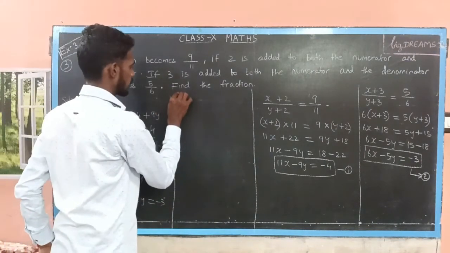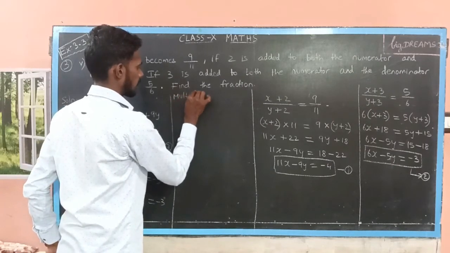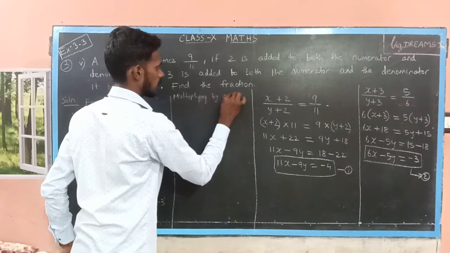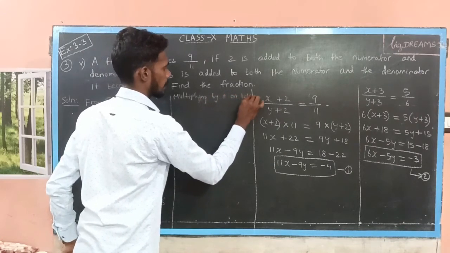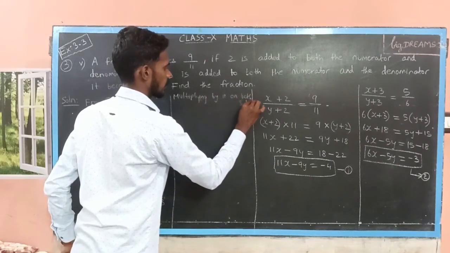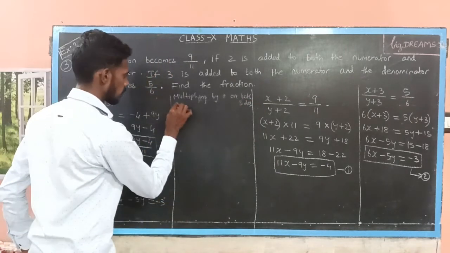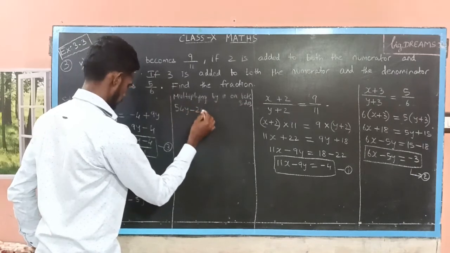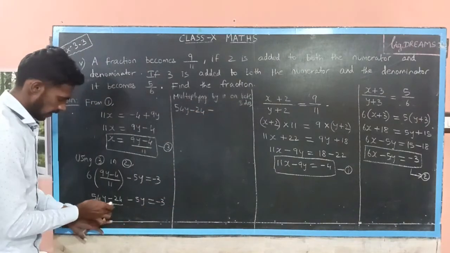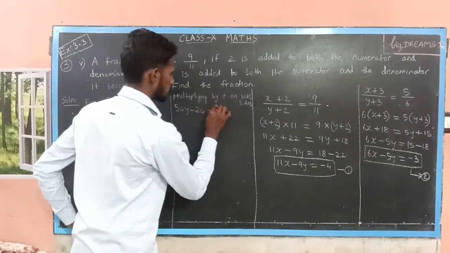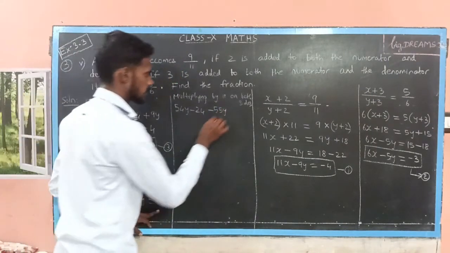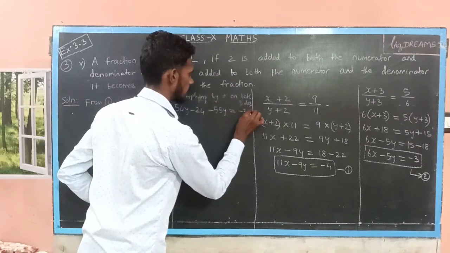Again, multiplying by 11 on both sides, it will become 54y minus 24 minus 11 into 5y becomes minus 55y. Then 11 into minus 3 becomes minus 33.